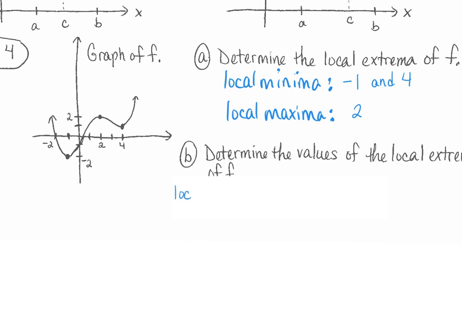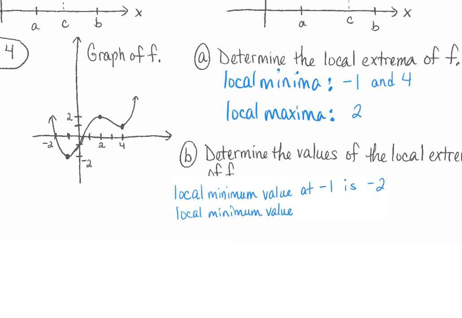So we identified 2 local minima. So we should have 2 local minimum values. So the local minimum value at -1 is what? -2.